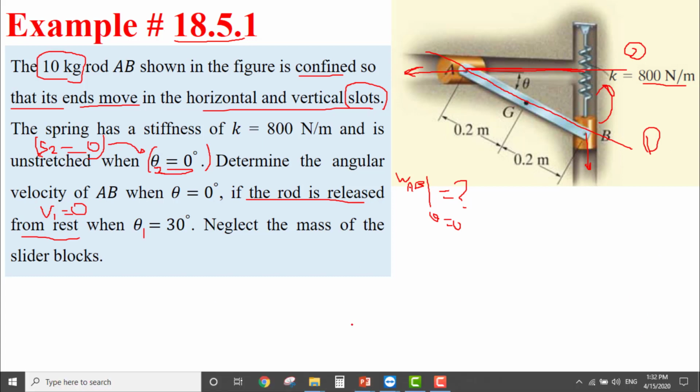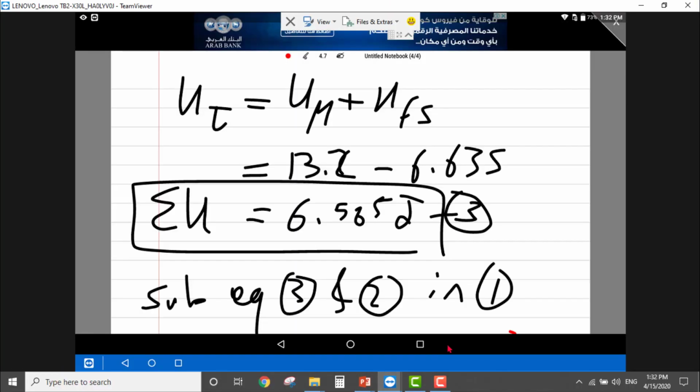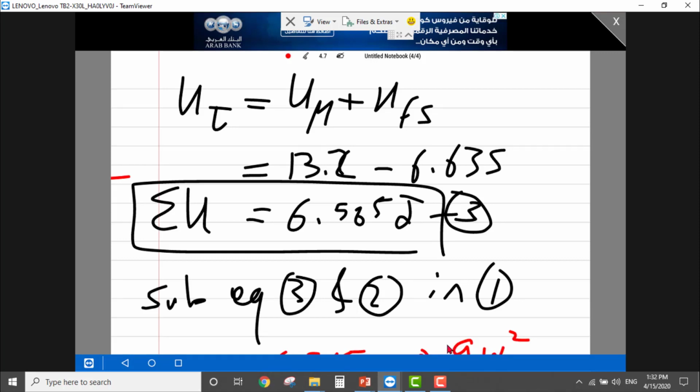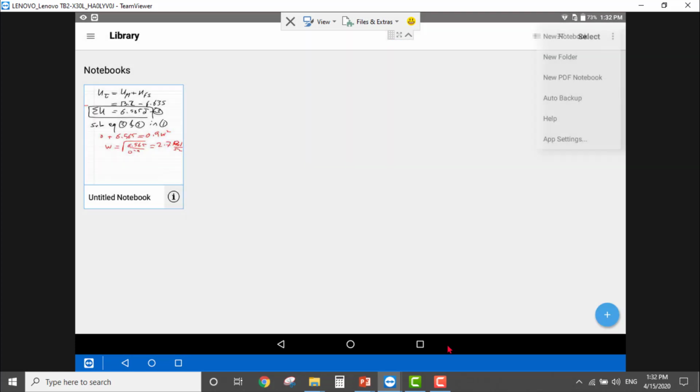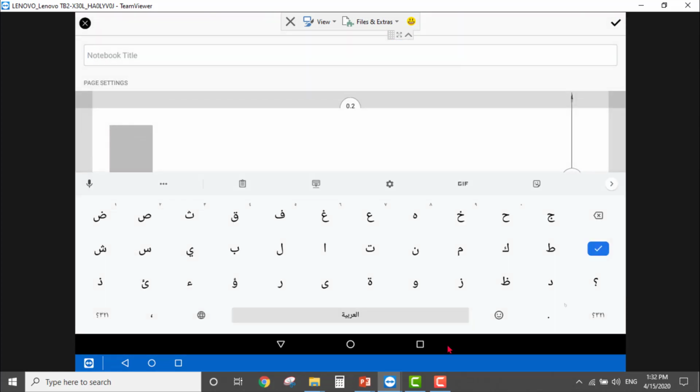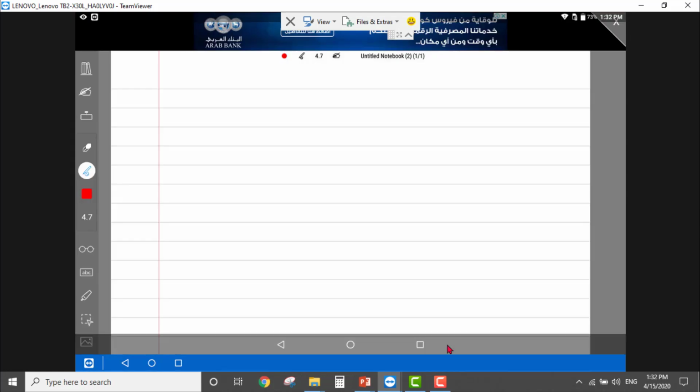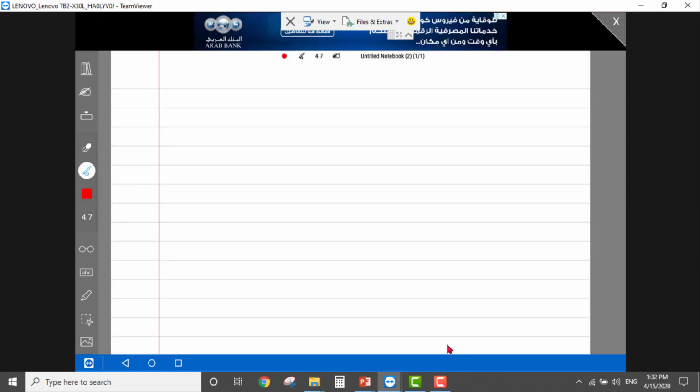Let's move to the solving board, and I'll open a new solving sheet. I'll start by writing the given information. We have the mass of the rod AB equal to 10 kilogram.